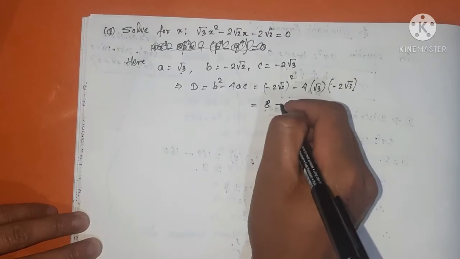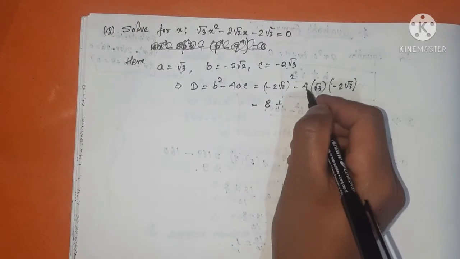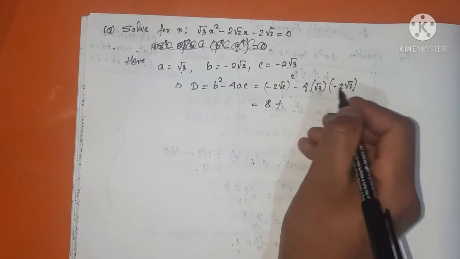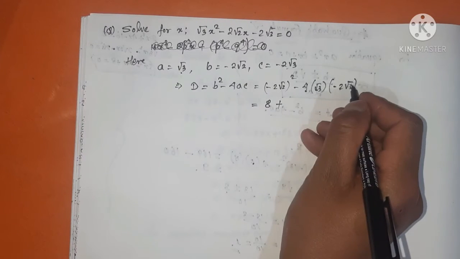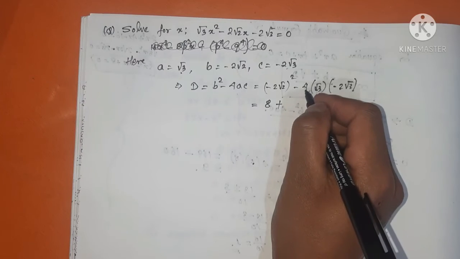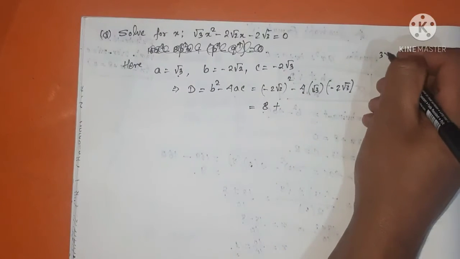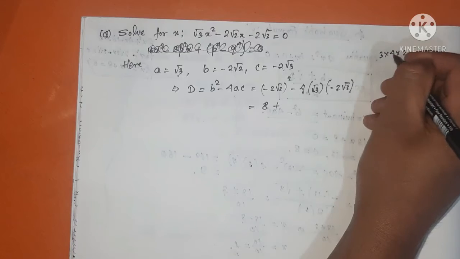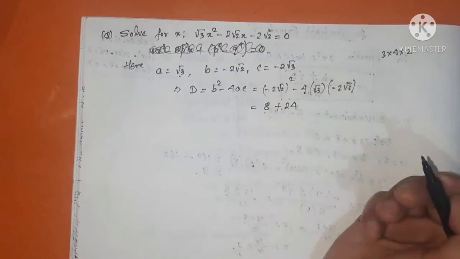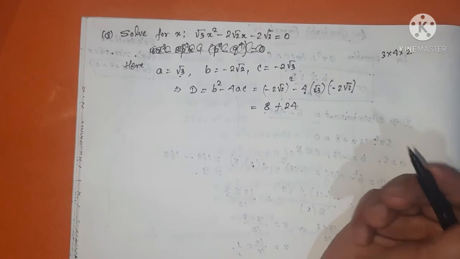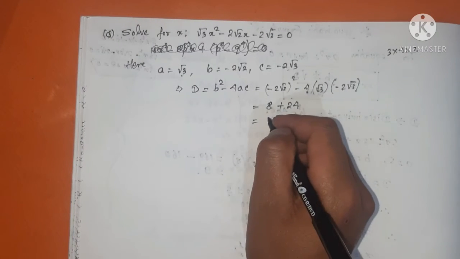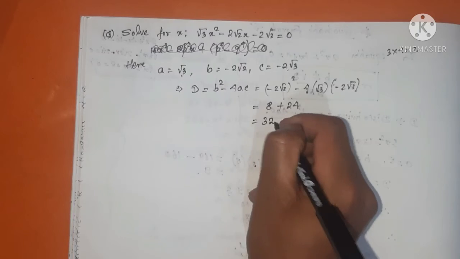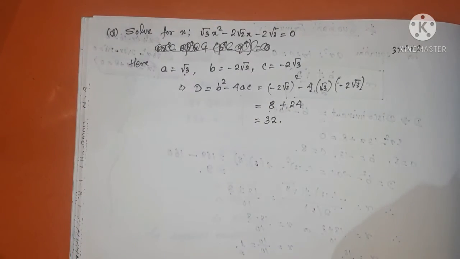This minus is plus. Root 3 into root 3 is 3, and 3 into 4 into 2 is 24. So that is equal to 24 plus 8, which is 32. This is your d.